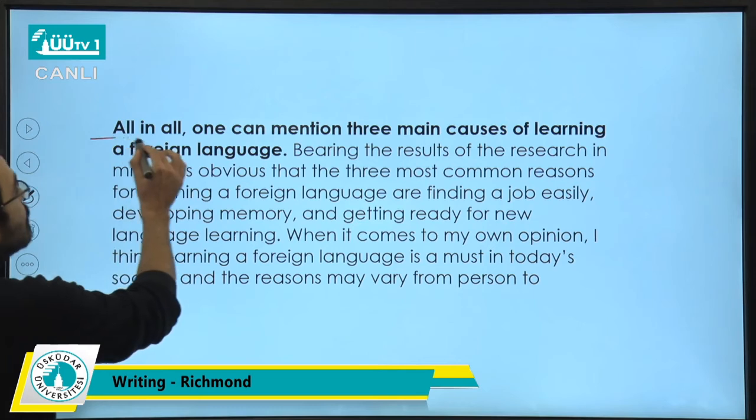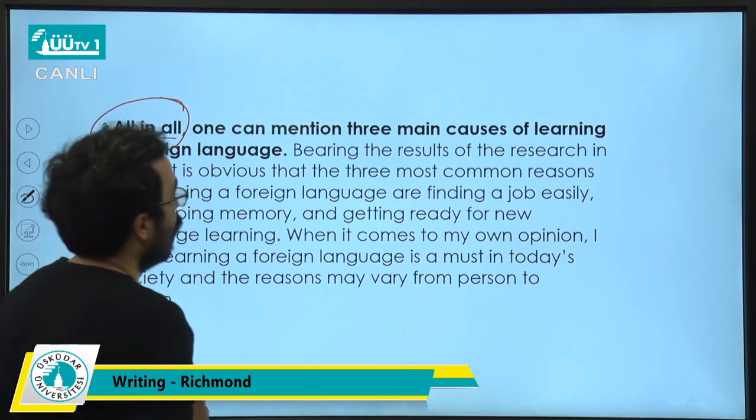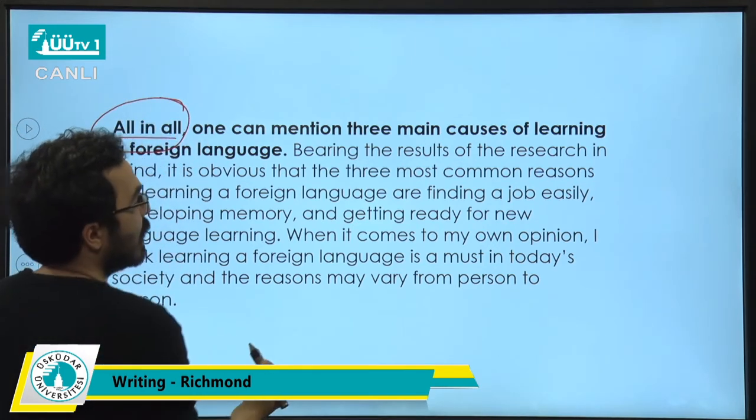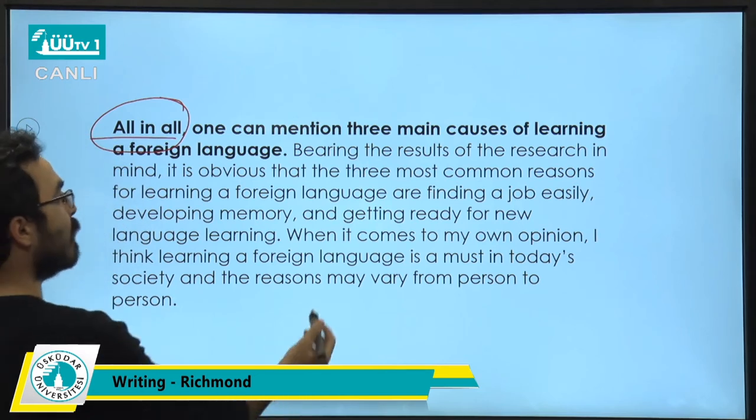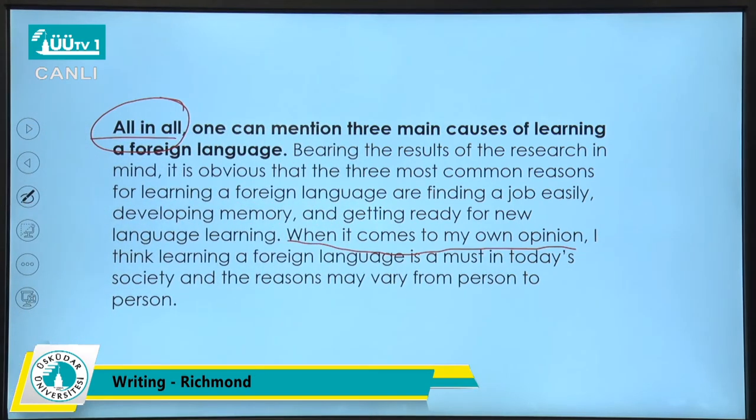Again, I start my conclusion sentence with a good connector, such as all in all, and I gave my opinion: when it comes to my opinion, in my opinion, and so on.